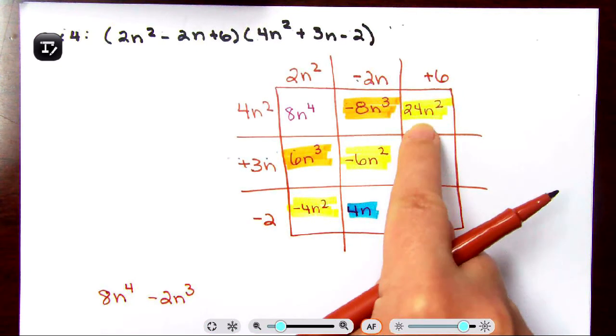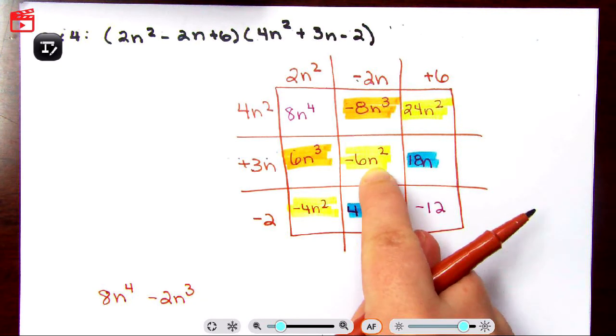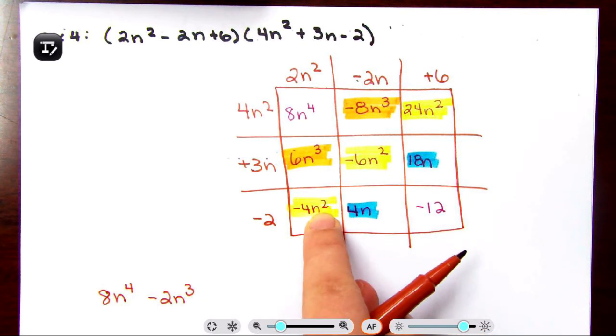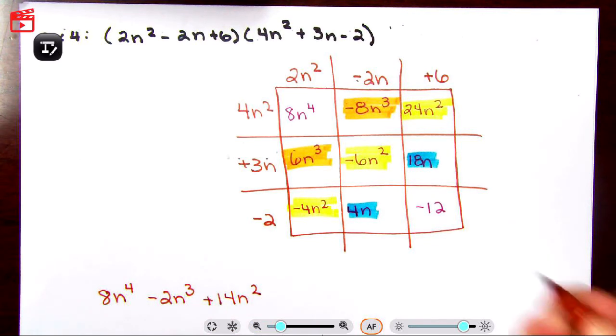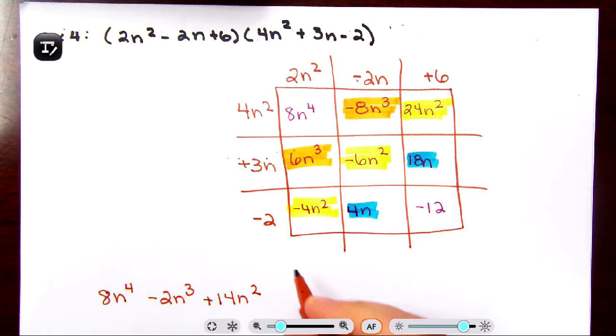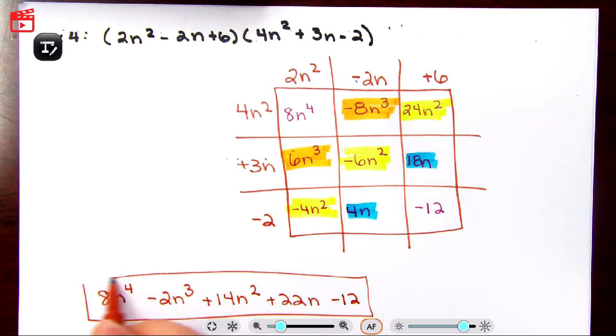I have 24n squared minus 6, so that means I have 18. 18 minus 4 is 14, so I have positive 14n squared. So then I have 18 and 4. I'm again combining like terms, so I'm adding. So 18, 19, 20, 21, 22, and then I have a minus 12 left over, and that is your answer.